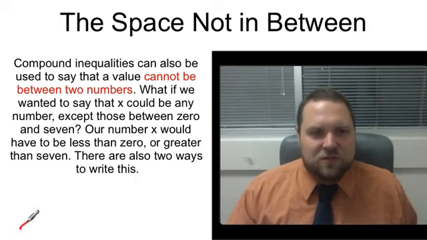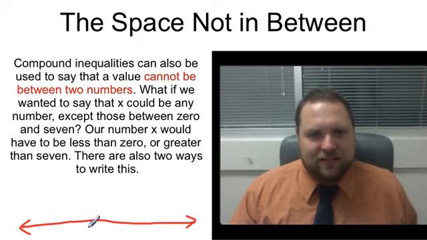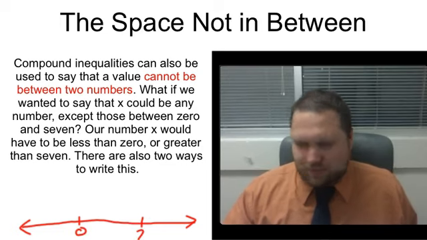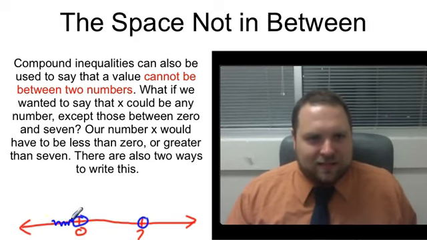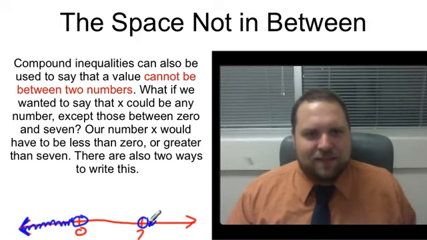So what we're kind of shooting for here is if this was our number line, and this was 0 and this was 7, what we want is we want to take all the numbers, so we're shading in everything except that area in between them.